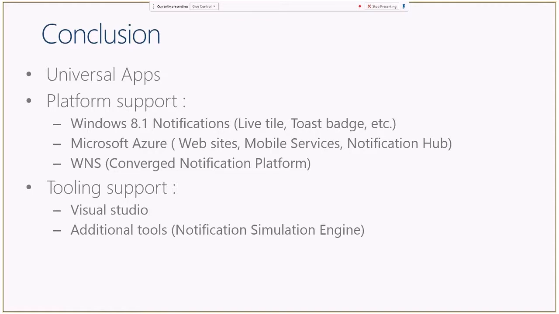You have Microsoft Azure that can help you provide push notifications using several services: Azure Websites, Mobile Services, Notification Hubs. And you have WNS, the converged Windows Notification Service, and you have some tooling support using Visual Studio and additional tools, like for example the notification simulation engine.